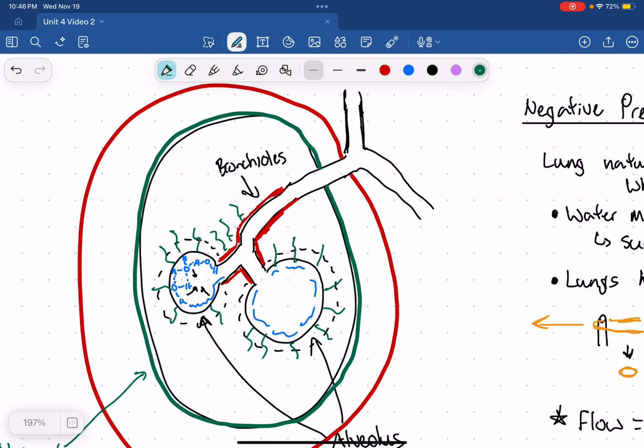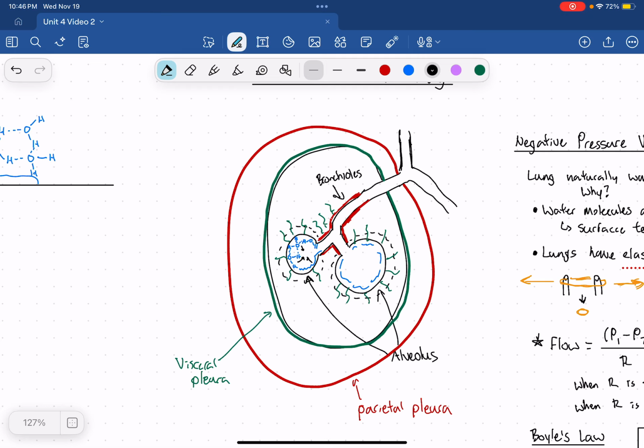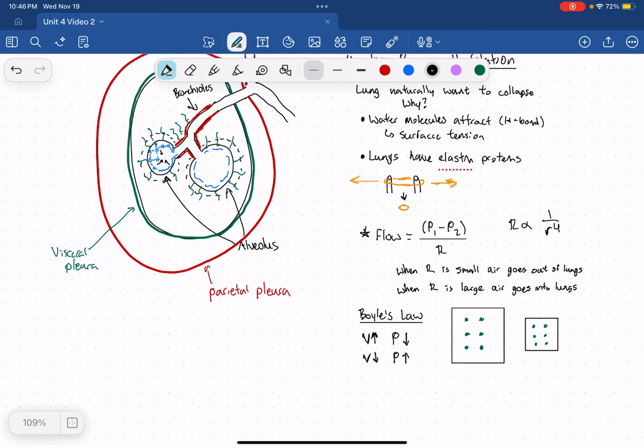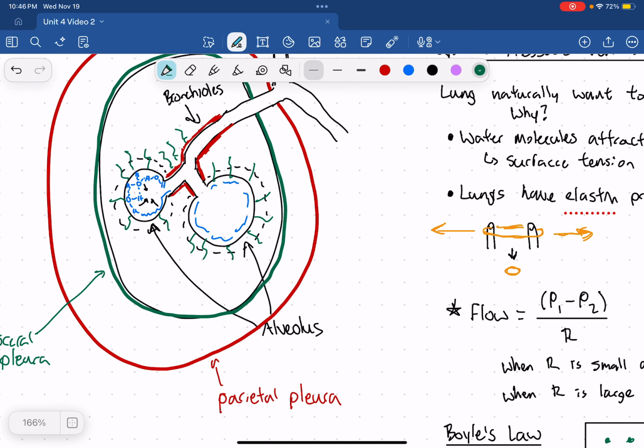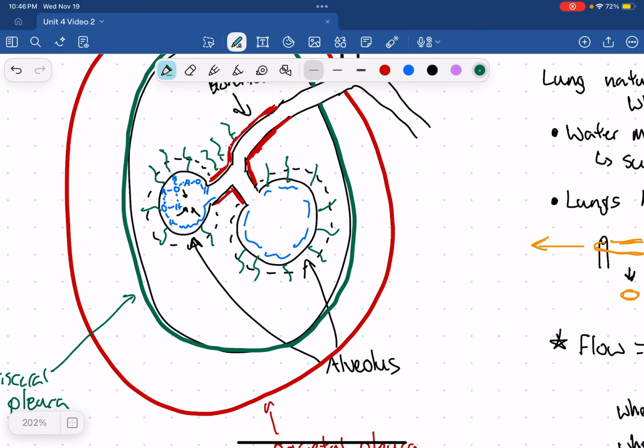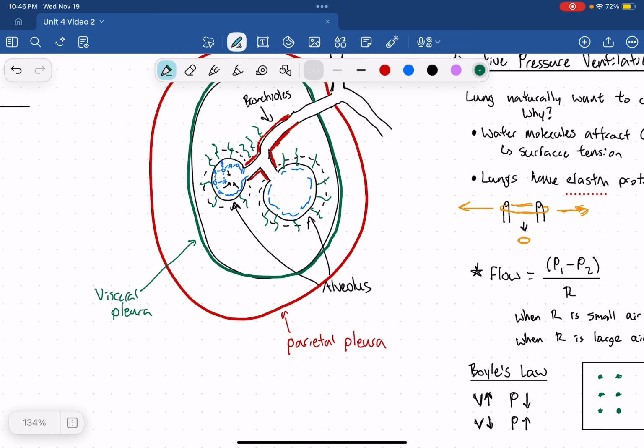So one thing we can say here, using that logic of Boyle's law, is that as the volume of our lungs decreases, as our alveoli decrease in size, the pressure of the alveoli is going to increase.